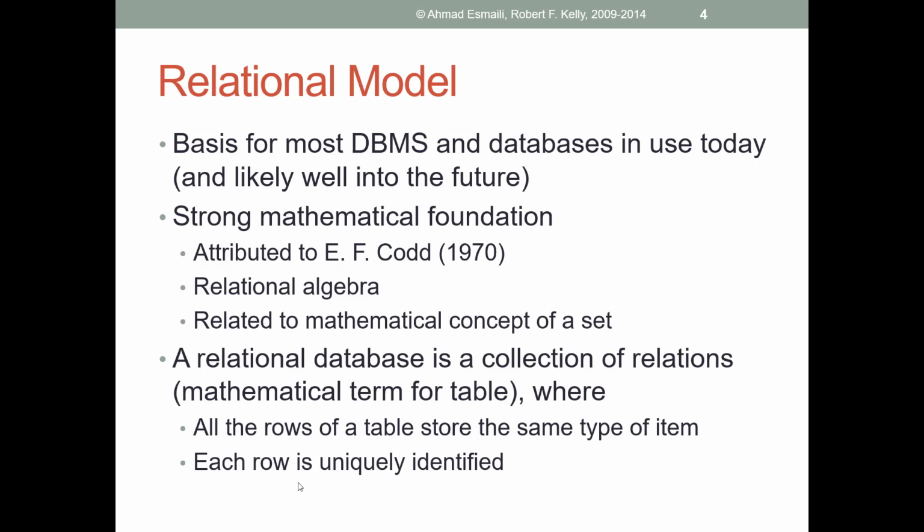But let's move on. The important message in this slide was that the relational model is the best database model till now, and this model is because of E.F. Codd, who came up with this concept in 1970. And when we say relation, relation means table.